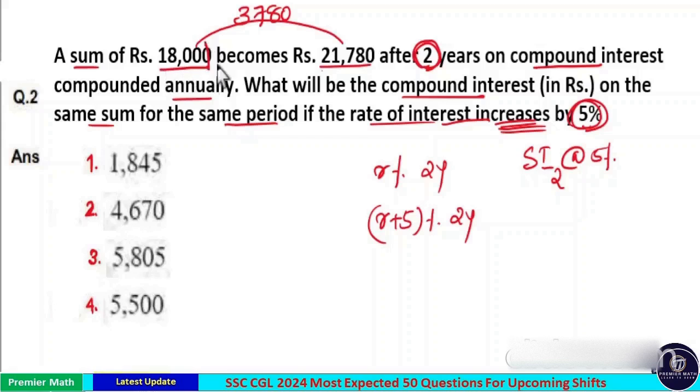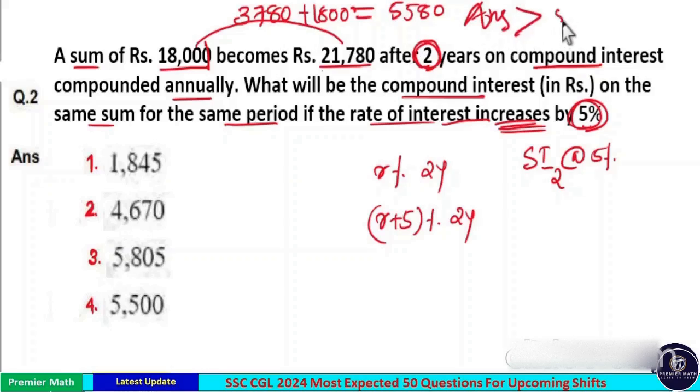So 10% of 18,000 is 1800. So if I add simple interest generated at 5% for 2 years to this compound interest, it will be equal to 5,580. Now this is a lesser amount. Your answer should be greater than 5,580. And if you look at the options, you can see option 4 is eliminated. Option 3 is your answer.